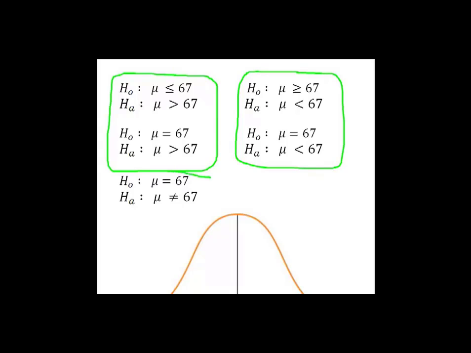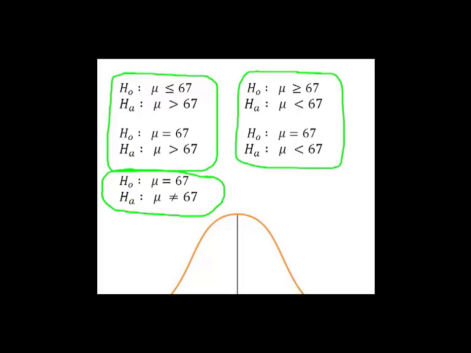Or you can have one that looks like this. In the big scheme of life, there are only three options. And the reason that I told you that setting up a pair of hypotheses is like a pair of flip-flops is there are two hard and fast rules about a null and alternative.